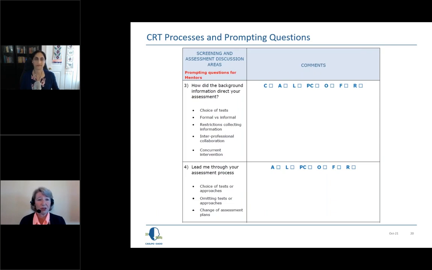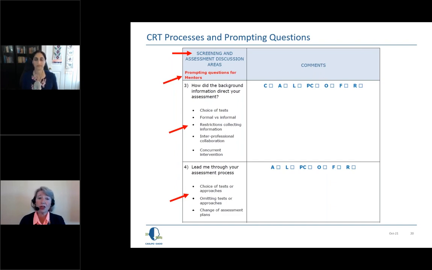We are showing you the section on screening and assessment. And as you can see, there are some prompting questions. In this screening assessment section, there are questions 3 and 4, but there are also some bullet points. So more than the question, how did the background information direct your assessment? If you're not eliciting a lot of discussion with the mentee, this would be a time that you could ask those additional questions.